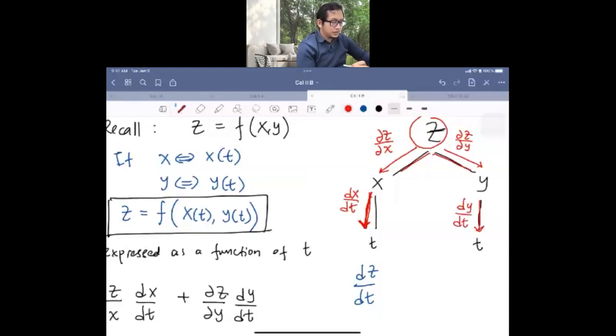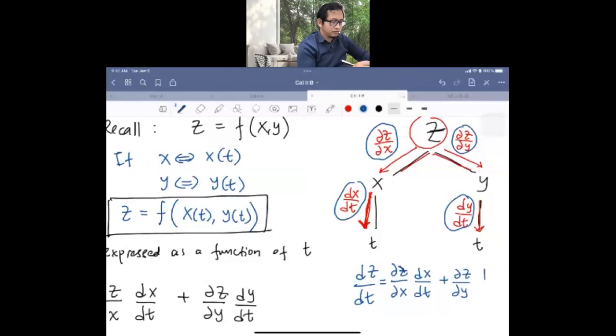Now to write this dz/dt, we multiply ∂z/∂x and dx/dt, plus this and this, multiplied. Okay, that's in practice how we can make sure of the chain rule in any variable.